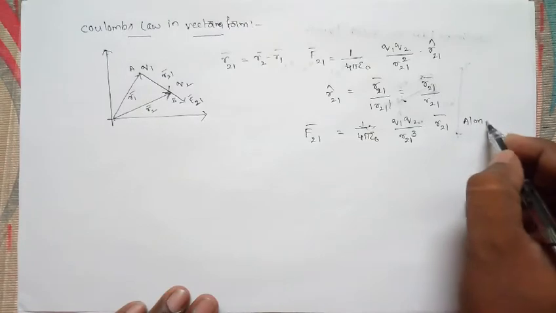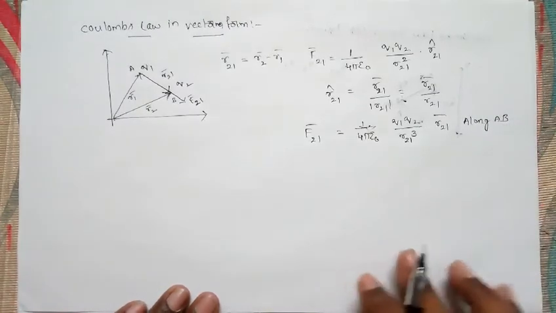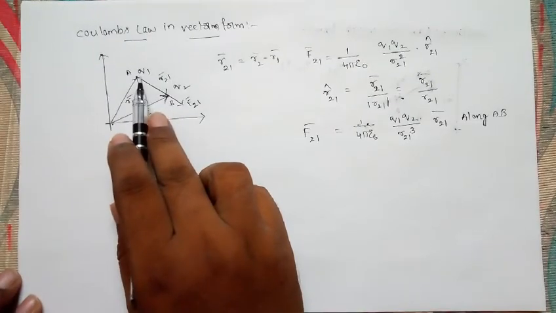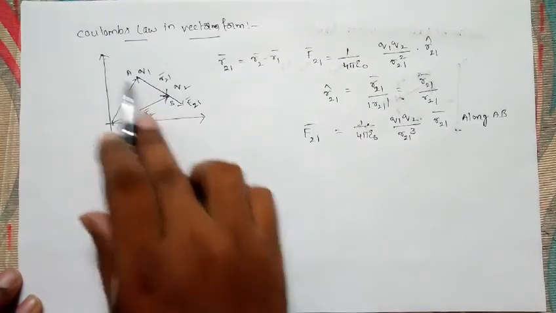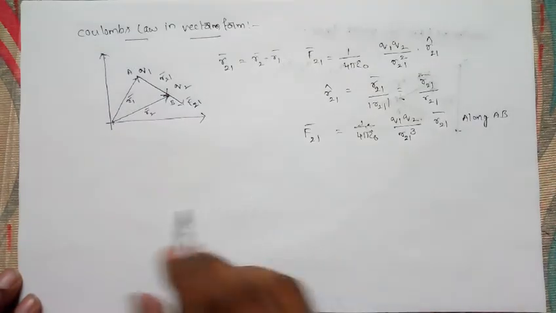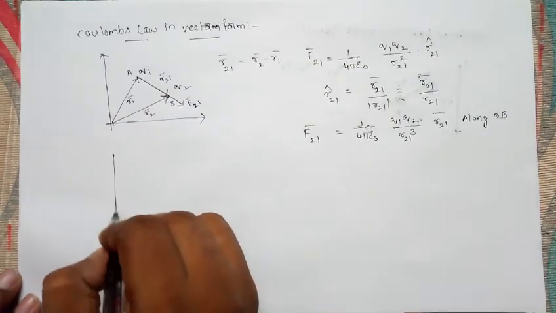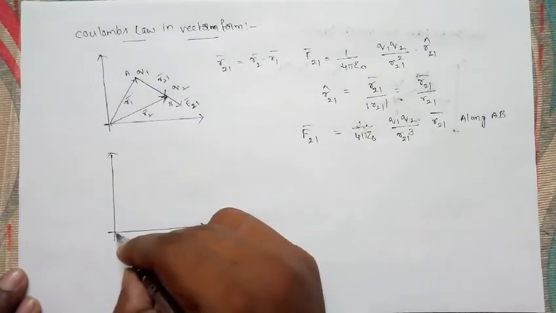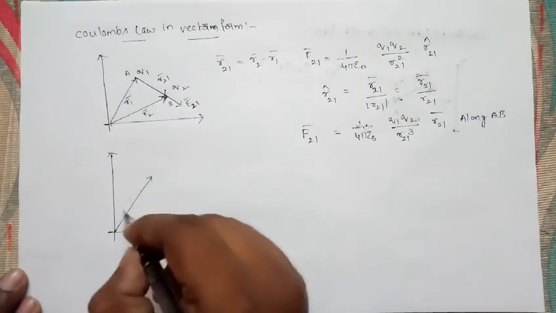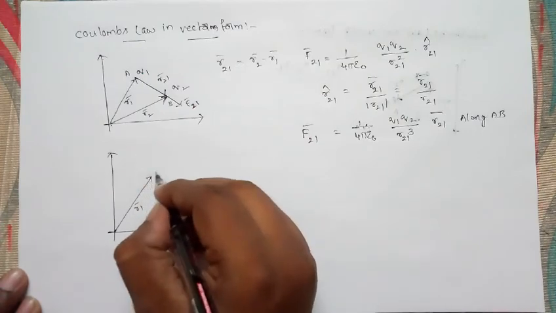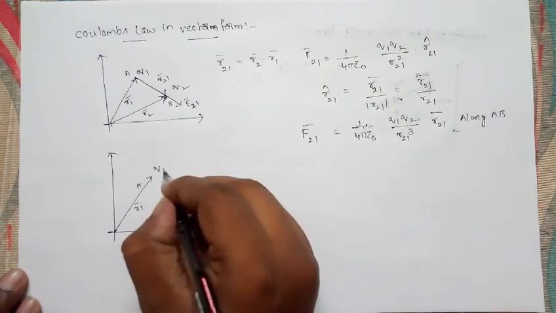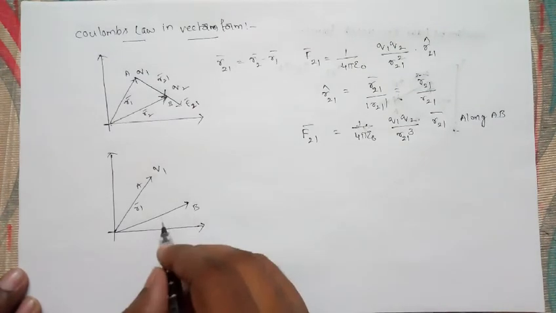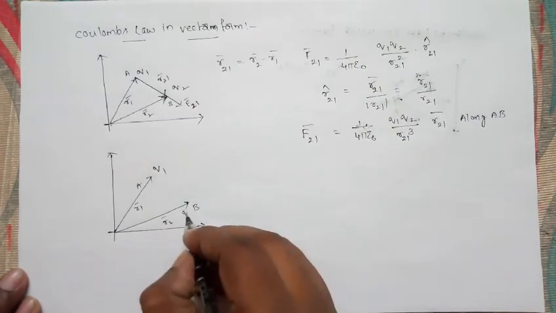Same way, the force experienced by Q1 due to Q2 is also away from Q1, that is, we can show like this here. Same, this is the position vector of the first charge Q1, and this is the position vector at point B, the second charge Q2.